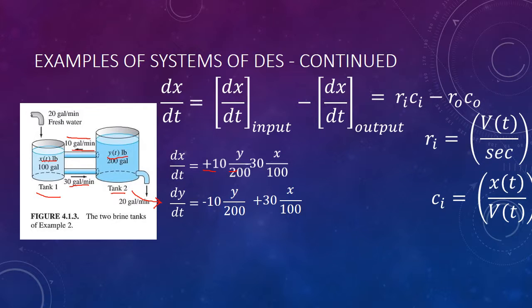I have this amount going into tank 2, so that's positive. 30 gallons per minute going in times X amount of salt divided by 100. And then I also have this term here, 20 gallons per minute going out here with the same concentration. So you could add these two together, but these are my two equations and two unknowns for the system. And so we can solve this for an equation for the pounds of salt in one tank and the pounds of salt in another tank.